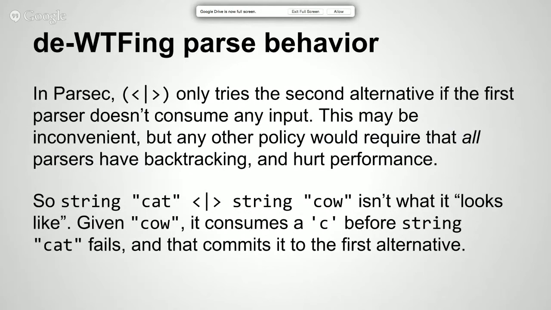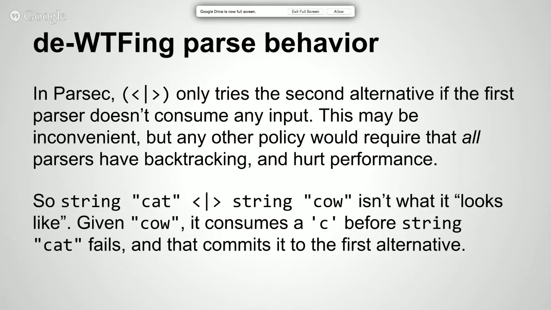Okay, so now let's try to figure out this thing that we found with the alternative, or the choice operator. In Parsec, the choice operator is defined as: try the first parser, and if that fails and you haven't consumed any input, try the second parser. If you have consumed input, you just fail.